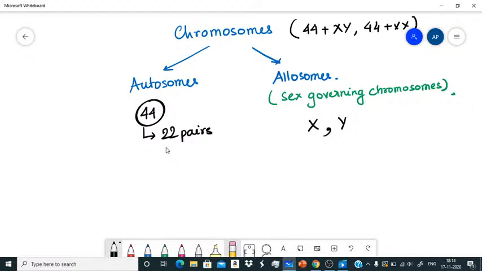Try to assimilate this much. Is it alright? Have you understood this much?